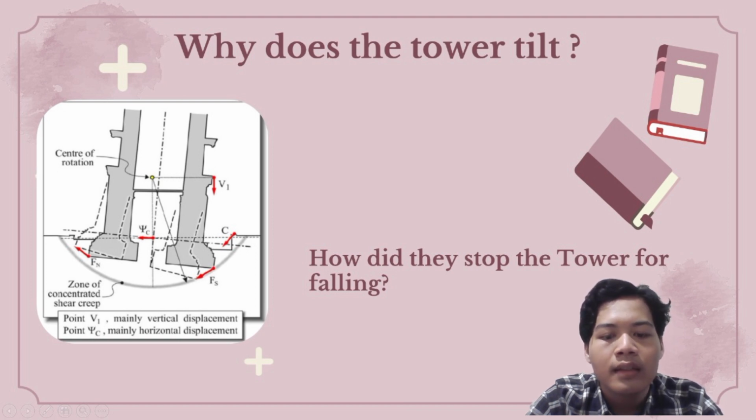Digging wells under the foundation of the tower, 60 cubic meters of clay were removed. Draining water from the wells and reinforcing the foundation with concrete, 15-meter concrete pillars were inserted into the ground. That's all I have to say about why the tower tilts.